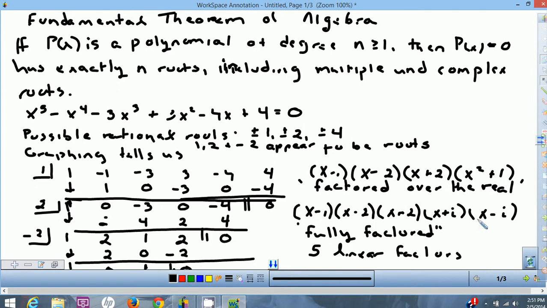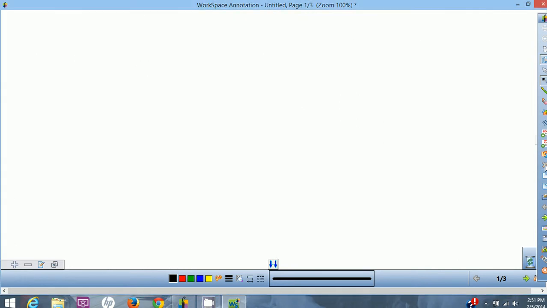Let's do one more of these just to make sure that we have the hang of this. And in this case, we're going to look at a couple that give me not complex roots, but irrational roots.